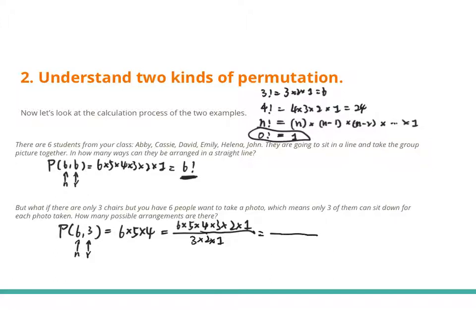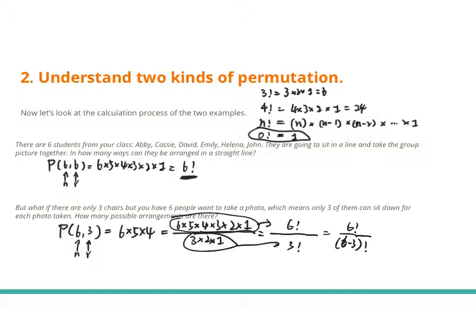Look familiar, right? So here we have 6 factorial, and here we have 3 factorial. That is 6 factorial over 6 minus 3 factorial.